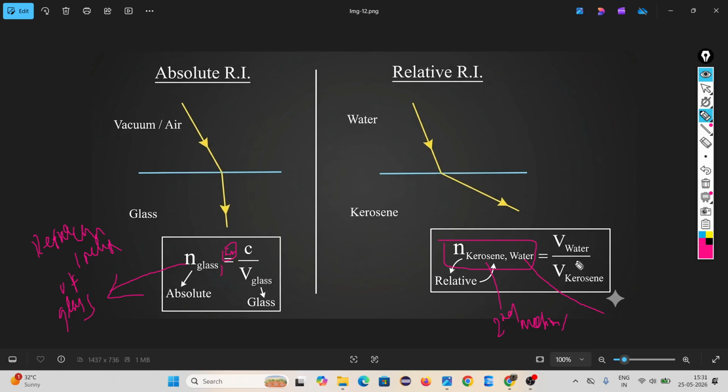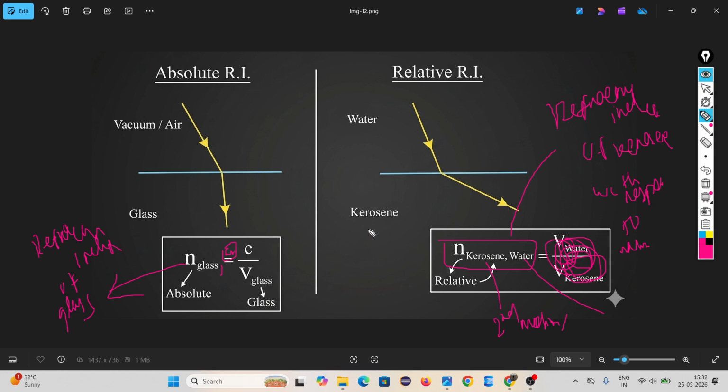If it is this type of writing, the meaning is refractive index of kerosene with respect to water. That is, refractive index of the first one, kerosene, with respect to water.